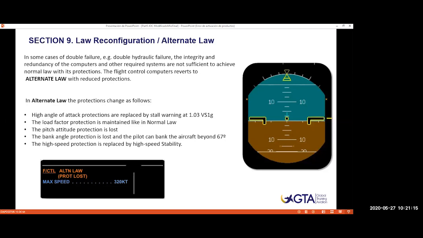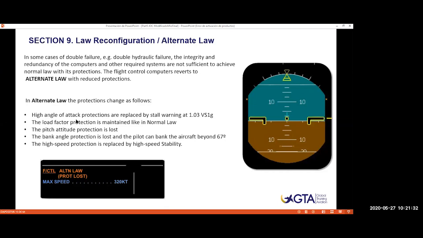What happens when we enter alternate law? There are some protections that we don't have. We don't have these protections because the computers are not able to maintain them. What are the things that we don't have?